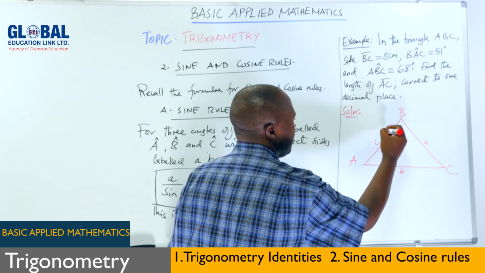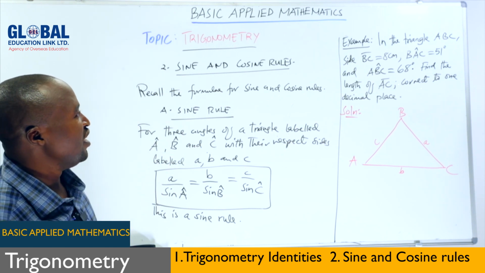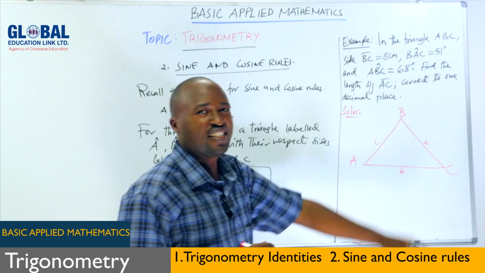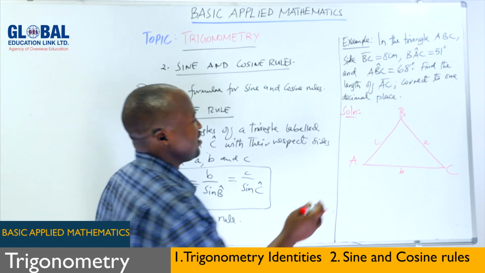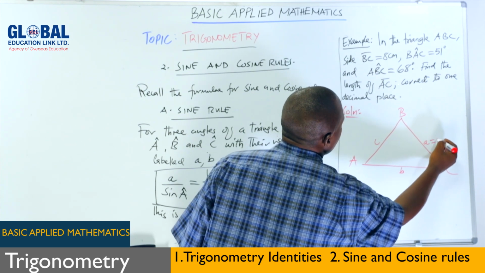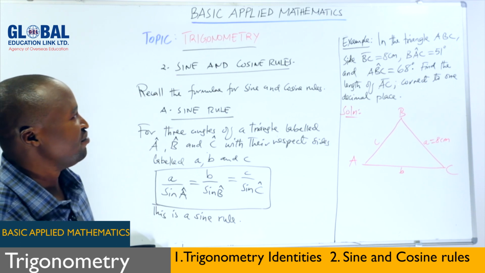Now, in the information, BC, which is the same as A, is equal to 8 centimeters.